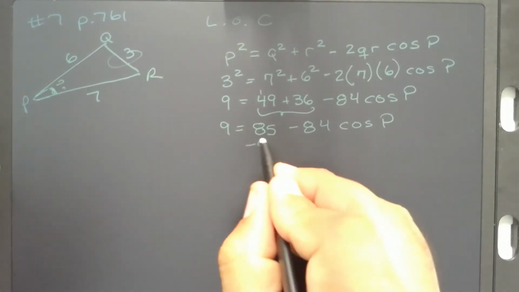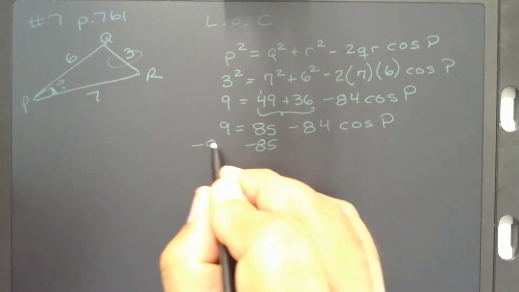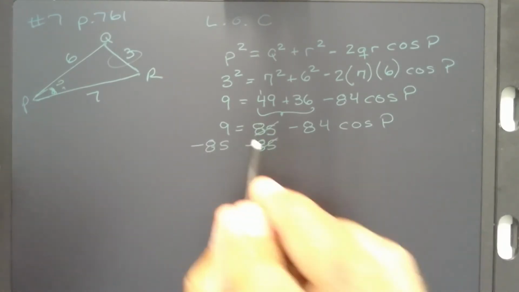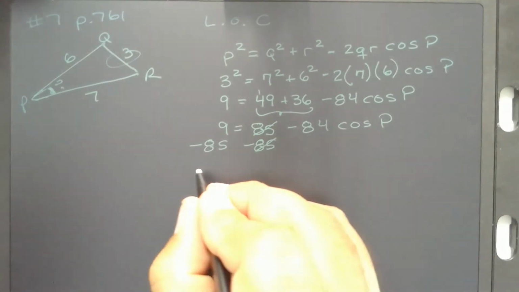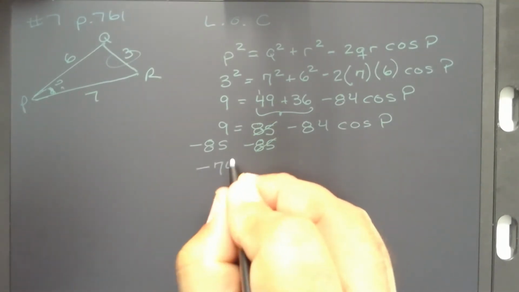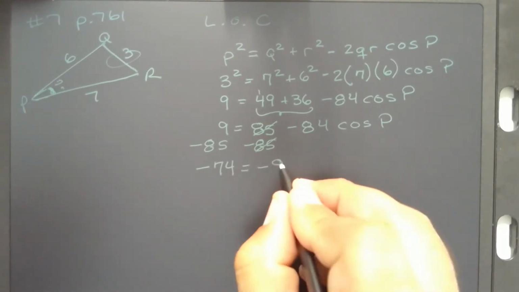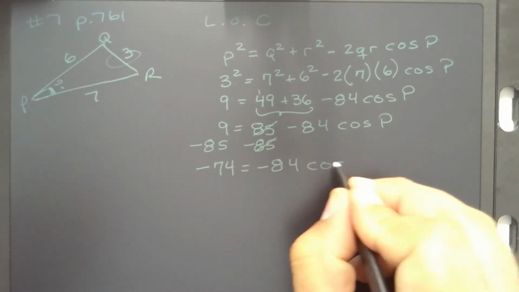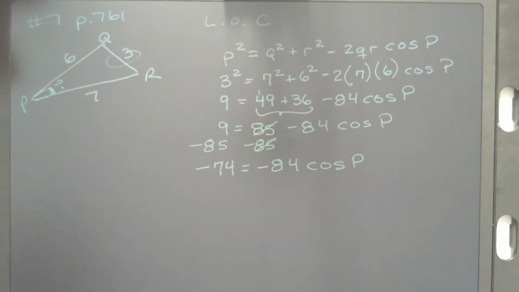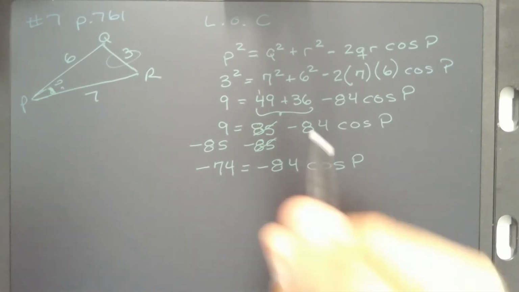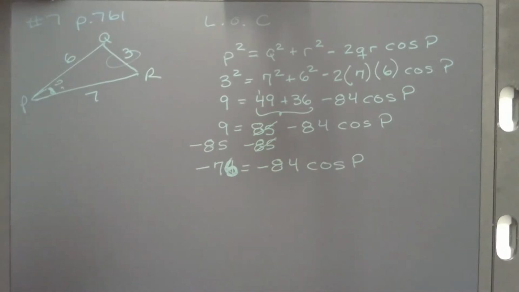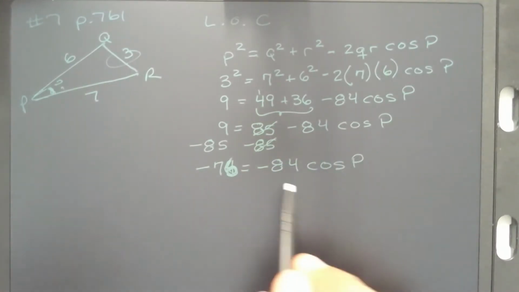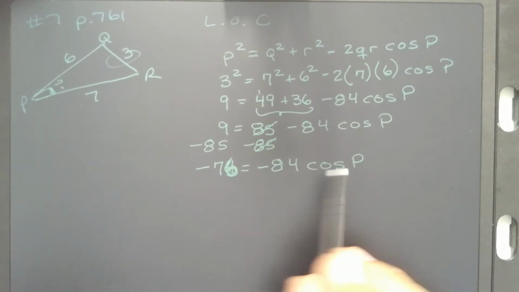So we'll subtract 85 from both sides. 9 minus 85 will give you negative 76 is equal to negative 84 cosine P. So now we're almost there.